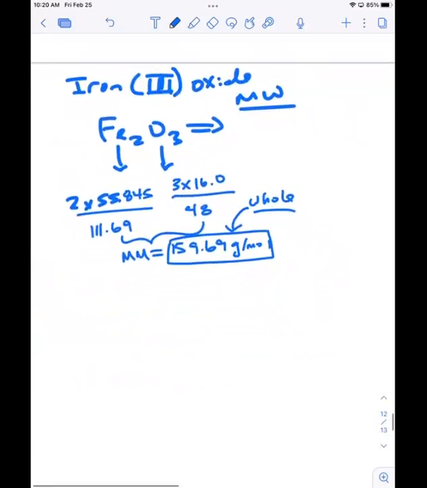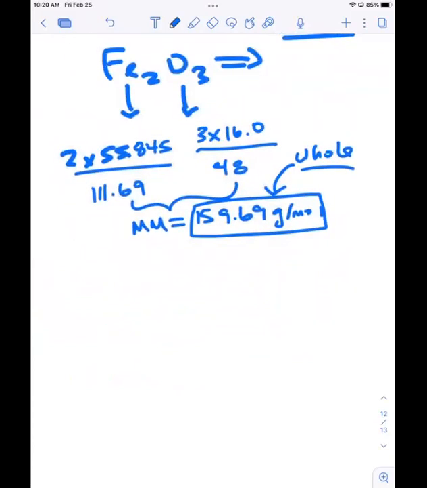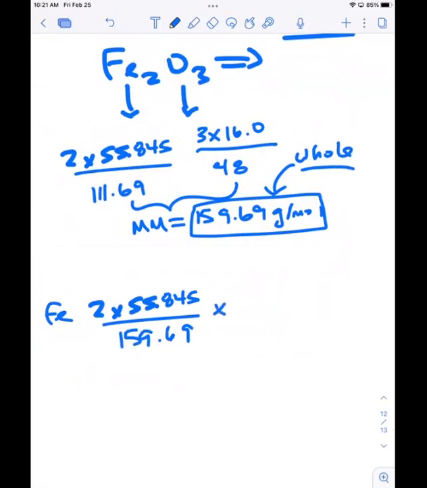So for iron, it's going to be what? It's going to be this same number right here. Two times 55, and this is for Fe, divided by 159.69 times 100.